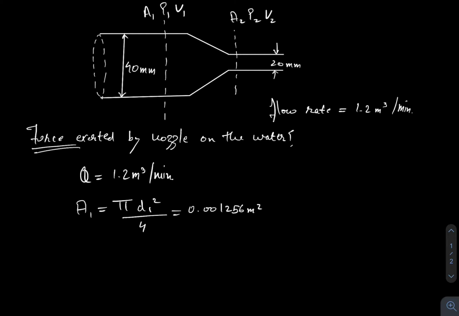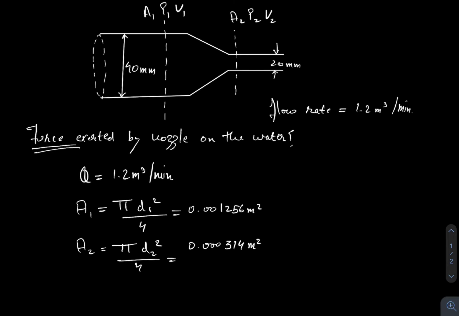Similarly, A2 is equal to pi D2 square upon 4. Here D2 is 20 mm, and after calculation it is 0.000314 meter square. I hope you can calculate it on your own.